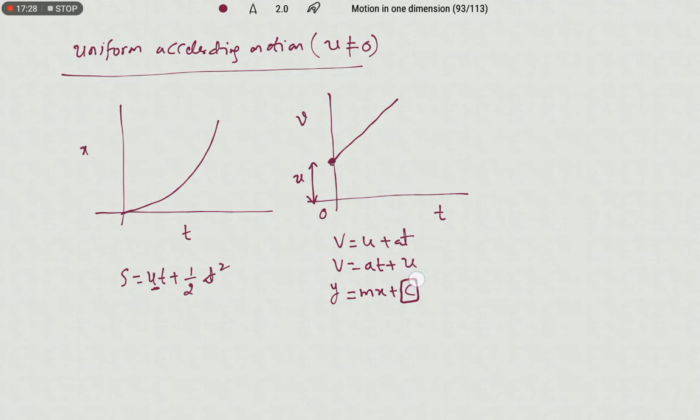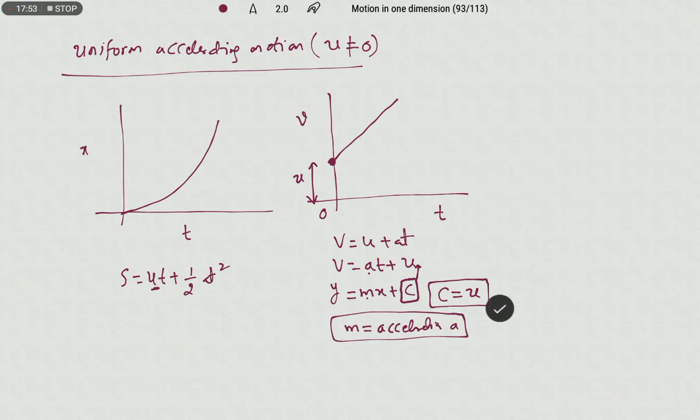Here the graph cuts the y-axis at point u, so the intercept value equals the initial velocity of the object. And the slope is again the same acceleration, so m = acceleration, found by the slope of the velocity-time graph.